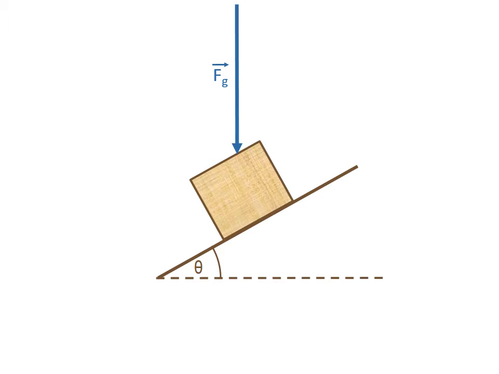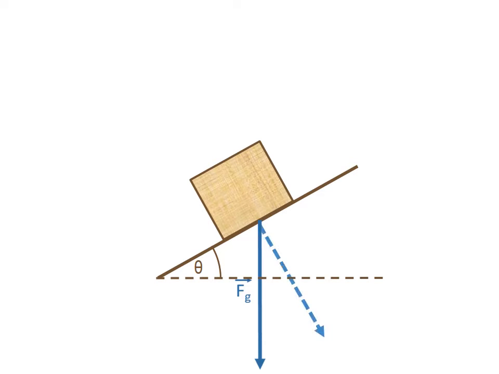Again, the force of gravity is pushing down on the box, and we could write it as a push or a pull. So if the force of gravity is pulling down on the box, in these questions, we are going to break this force up into a perpendicular force of gravity and a parallel force of gravity.